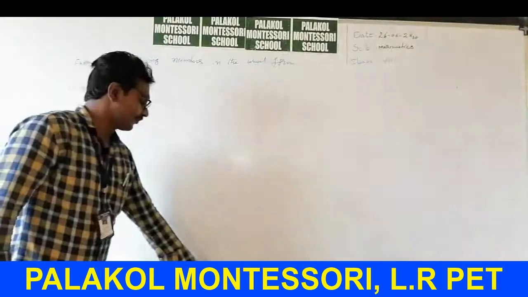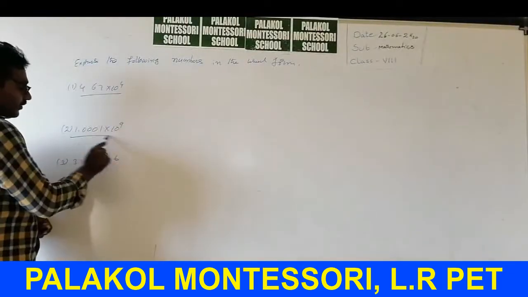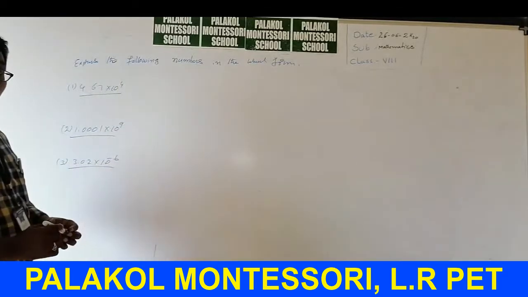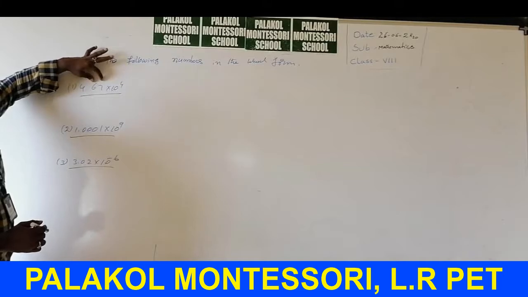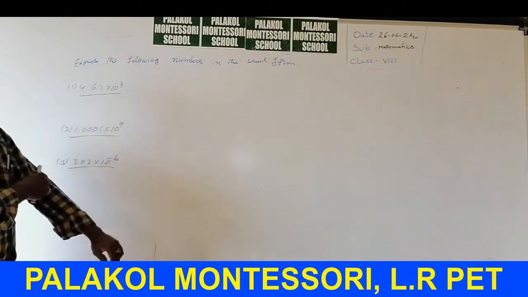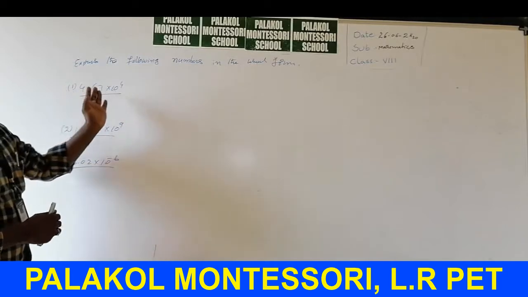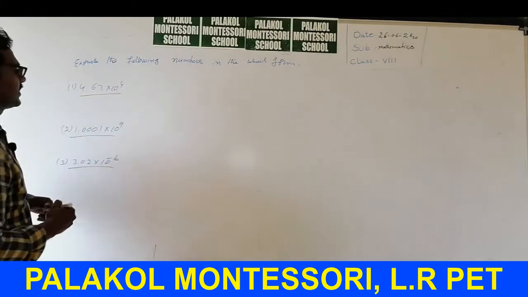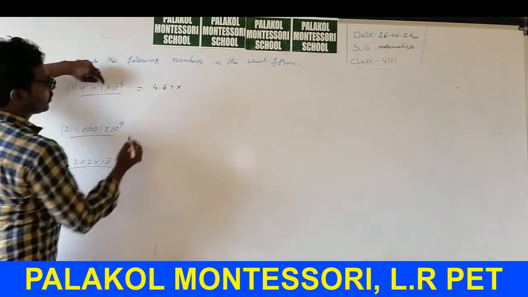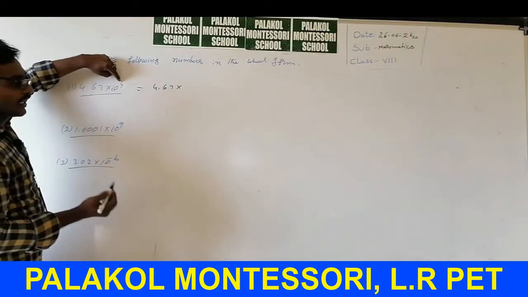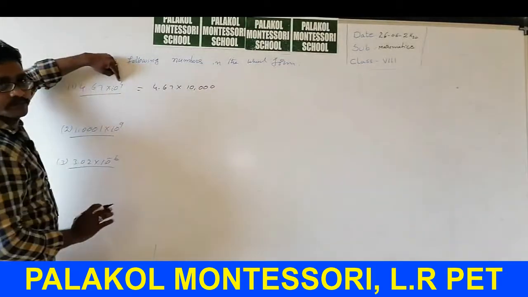Okay, see, already here we are given standard form numbers. How do you know? Yes, one integral number is there, this is a decimal number, this is the exponent. This is a standard form with exponent. This one you write in the general form. How? Simply say, 4.67 into 10 power 4 means you write 10,000. 4 zeros you write.